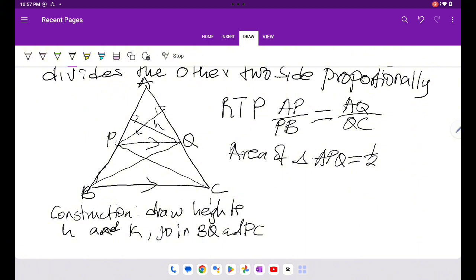So the area is half base, which is AP, so half multiplied by AP and then multiplied by the height, in this case H. Now the PB will also guide us, so we look at the area of triangle PBQ.